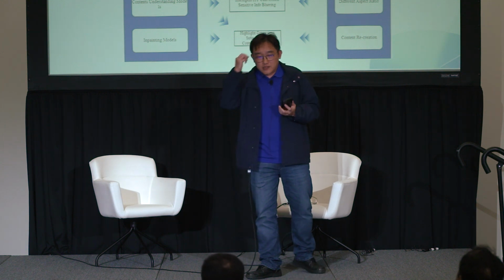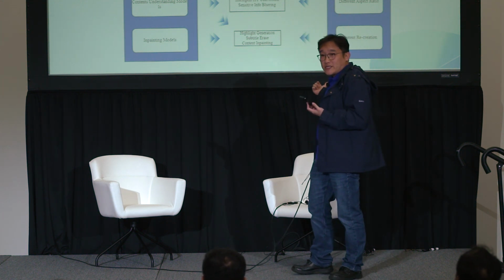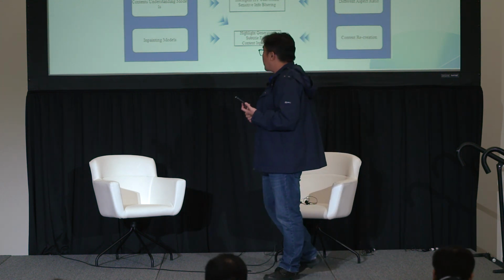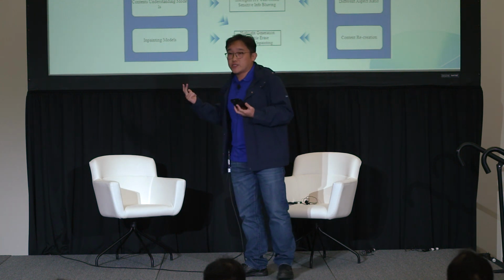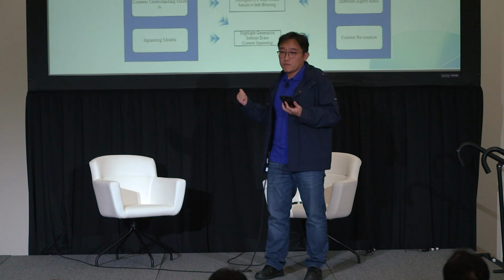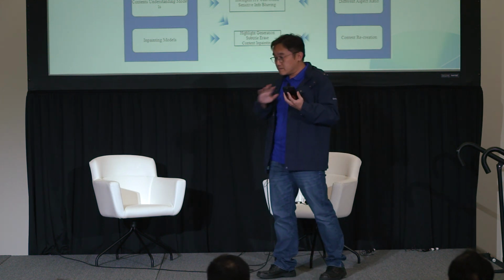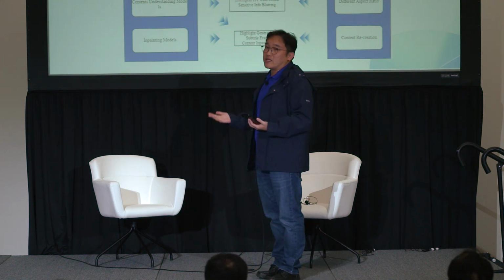I just listed a bunch of problems that I mentioned in previous slides, and we designed different AI models to deal with them. Some of them can be handled totally by a single AI model, but some cannot.